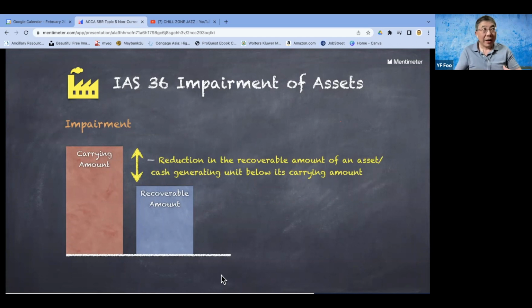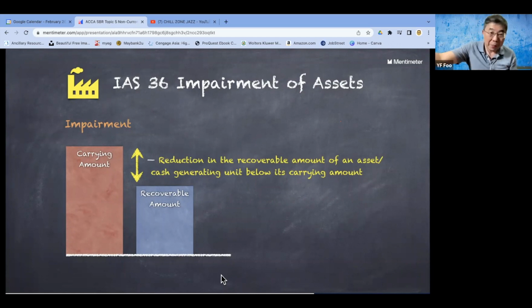Because if I have a good asset value, then my business value will be higher, and when I sell shares, I can sell at a higher price and get more cash in. The company is stronger. If I want to borrow money, then the asset value is higher, so you can borrow more.